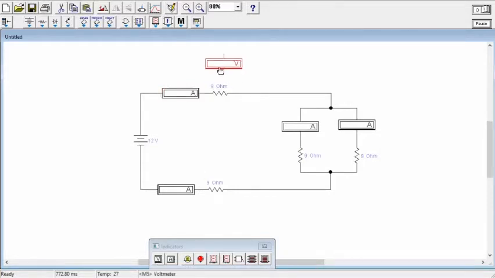We have here, rotate. So positive should be here. So let's see. That is across 9 ohm. Here also.